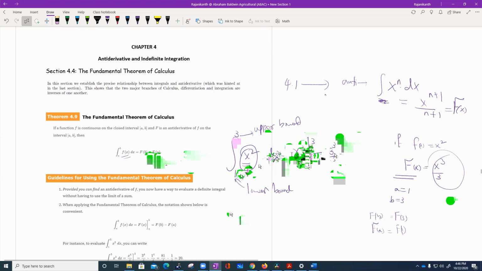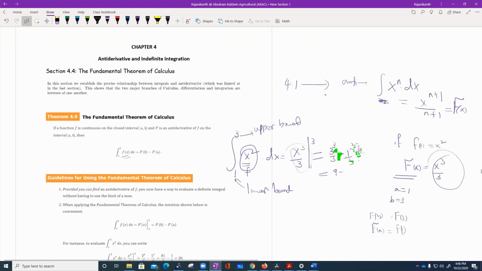The lower bound is 1, so plug 1 into your function. Twice you plug values into the same function, and you get two numbers. Just simplify. That is your answer: 3 to the power 3 over 3 is 9, minus 1 cubed, which is 1 over 3. So the answer is 9 minus 1 over 3.